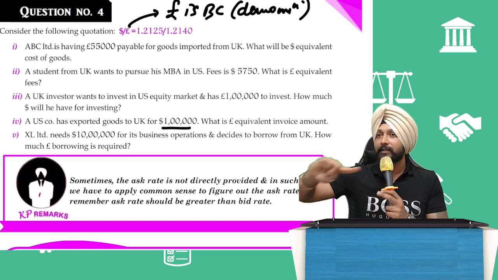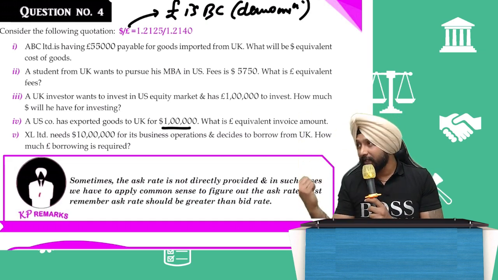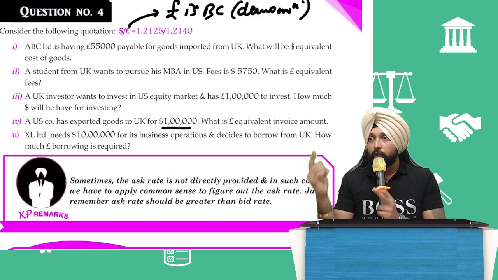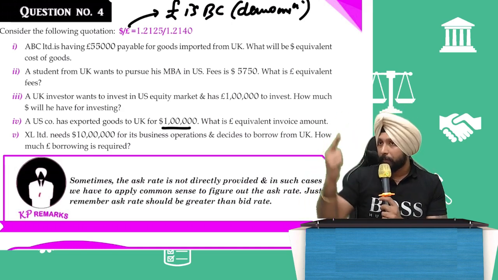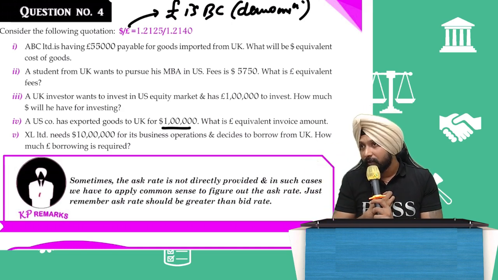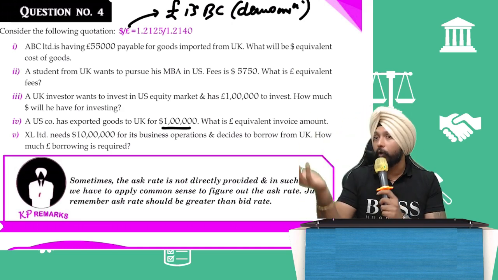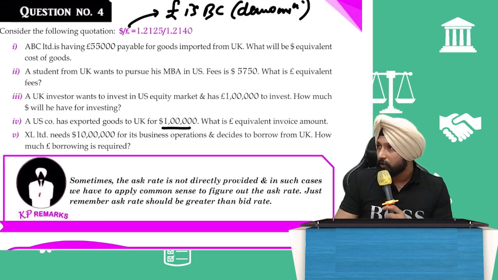If US entity is exporting in dollar, I have to think from UK entity's point of view. UK entity is thinking, I have dollar payable. So they have to buy dollar, which means they have to sell pound. What is the focus? Sell pound. So which rate will apply? Bid rate will apply. You understood what I'm saying?